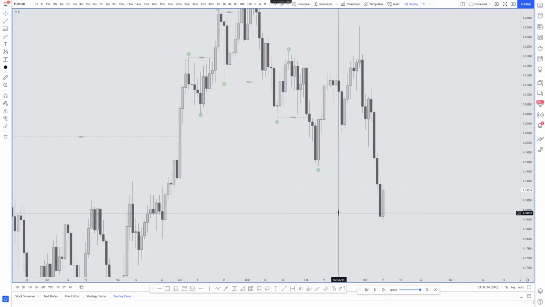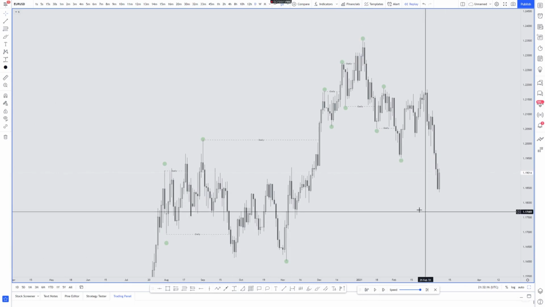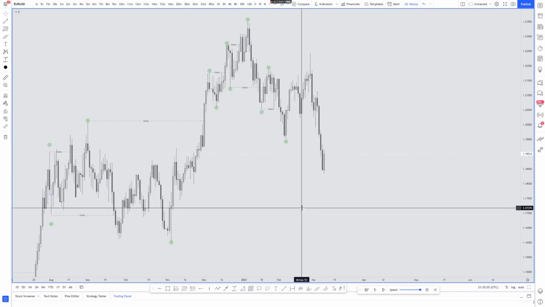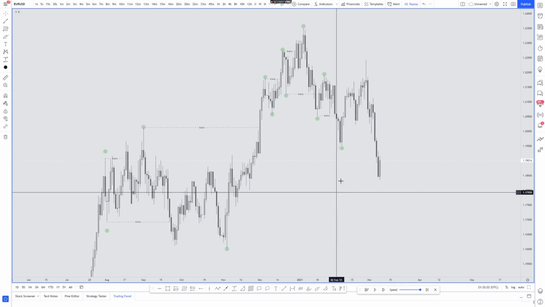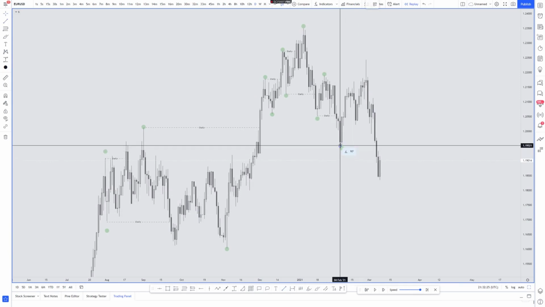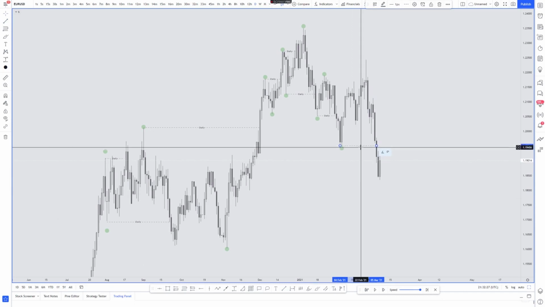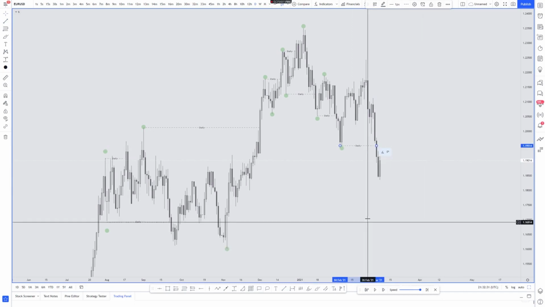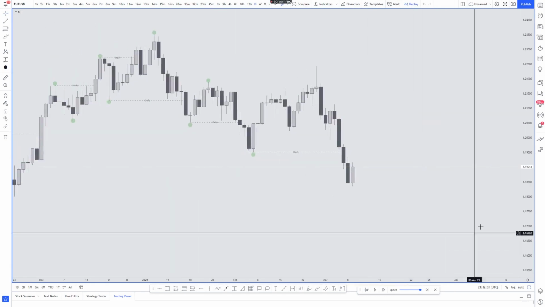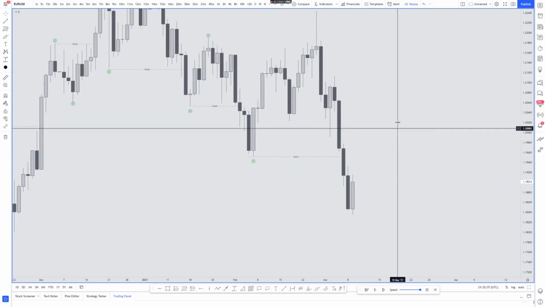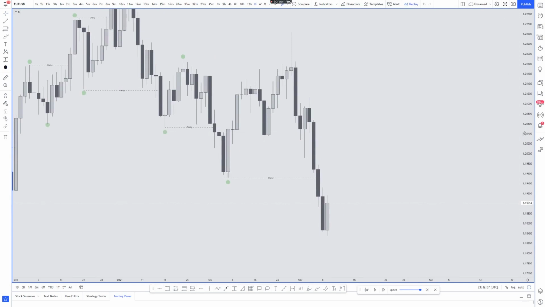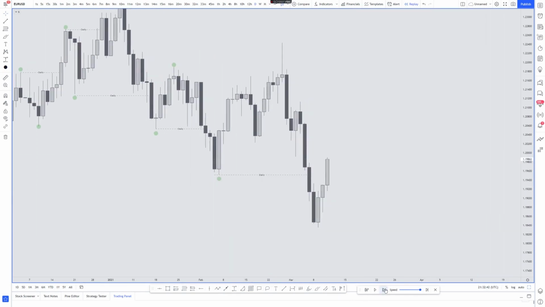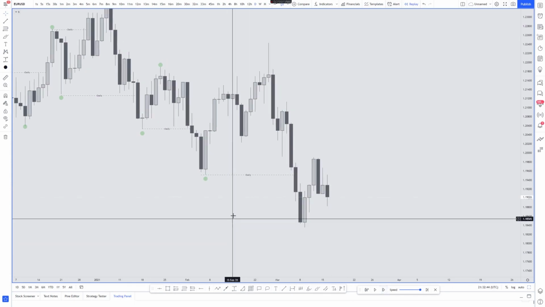So as of right now, we are in a confirmed bearish trend. And you can see that we are starting bearish momentum as we continue on down. We are still continuously making new lows, and we have our pullback.